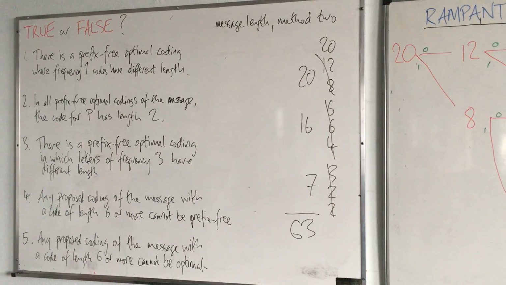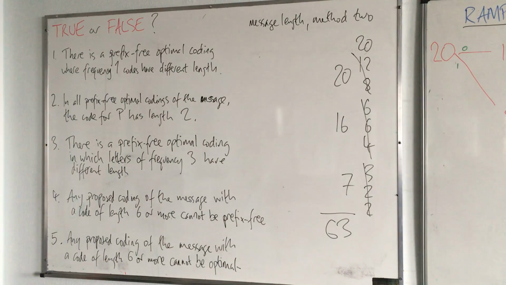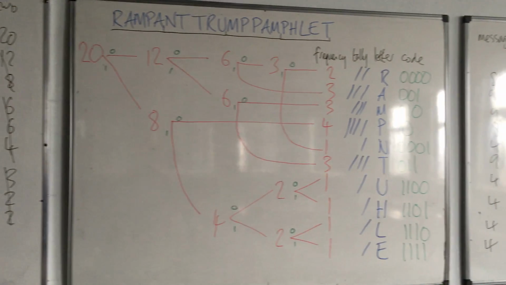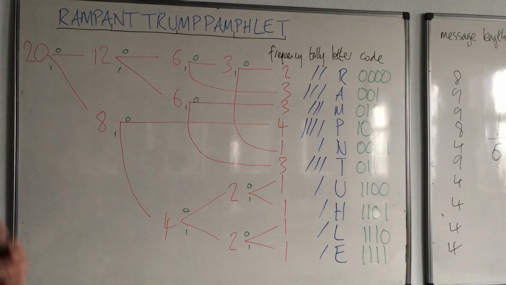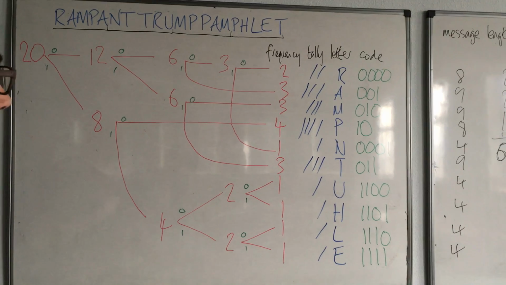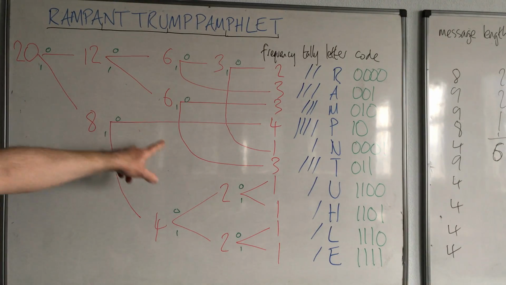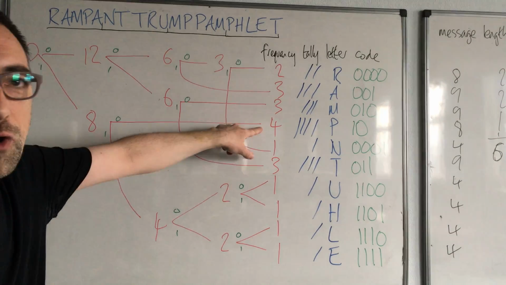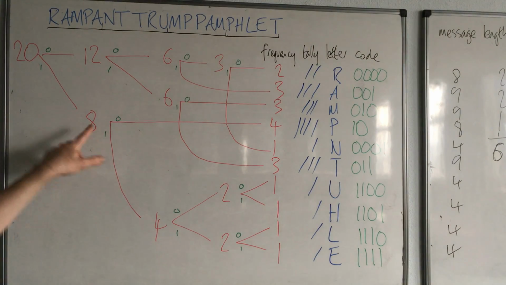Okay. The next thing we are asked is this. In all prefix-free optimal codings of the message, the code for P has length 2. Now that was P, the most frequently occurring symbol. And you can see that basically we were forced to group 2 4s. Well, this 4 and some other 4 to make this 8.